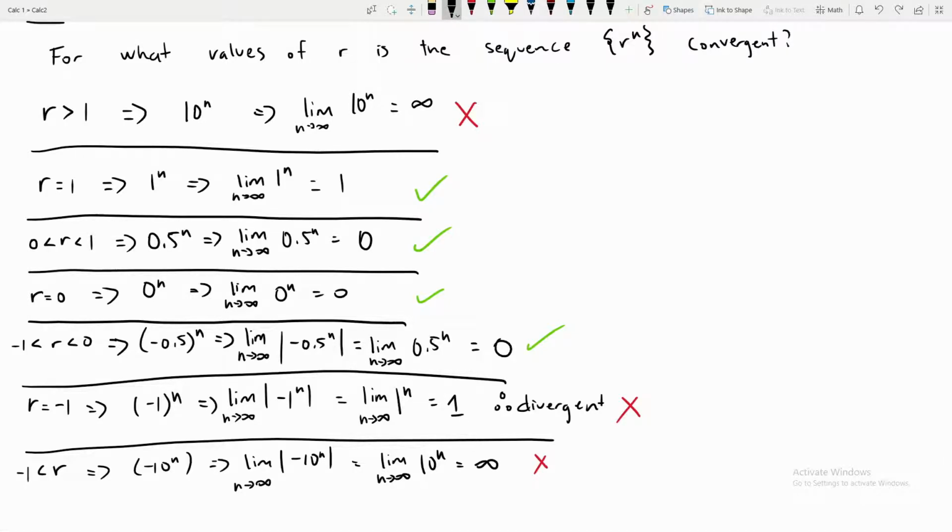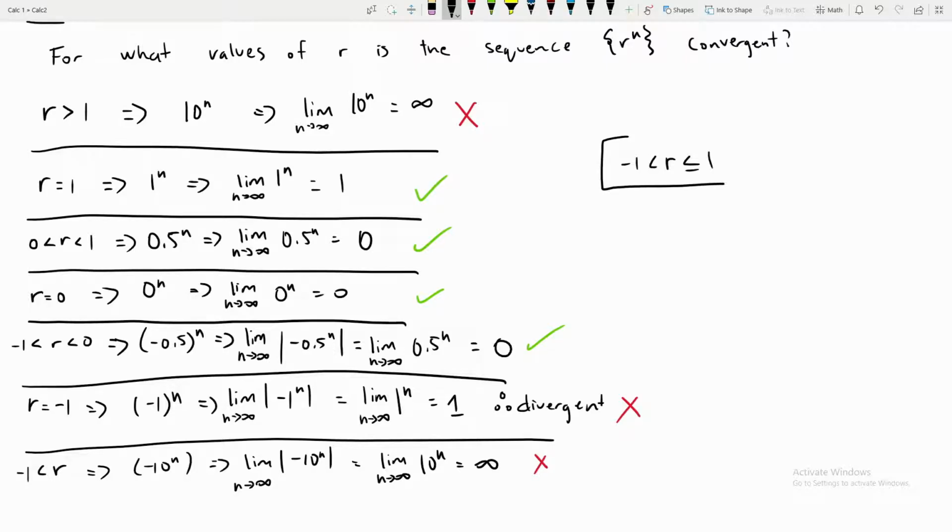So we can conclude that this sequence is convergent when r is between -1 and 1, but it can actually be equal to 1, unlike -1.